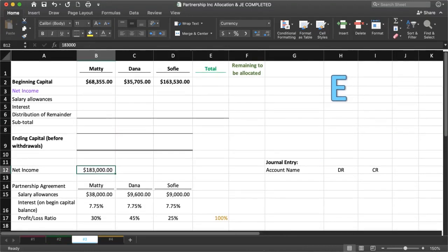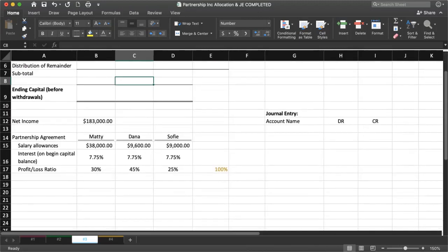Now, let's take a look here at a little bit more complex situation. We've got 3 partners now, Maddie, Dana, and Sophie. And the information tells us that at the beginning of the year, their capital balances were $68,355 for Maddie, $35,705 for Dana, and $163,530 for Sophie. Now, below here, they also give us some further information.